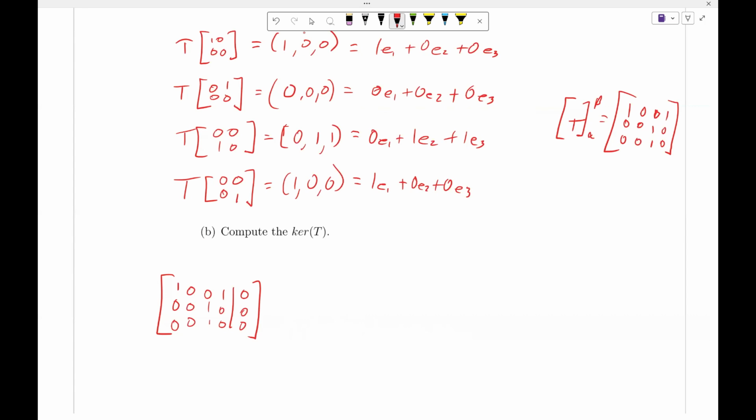If we express them as coordinate vectors, they are the coordinates of the vectors that are in the kernel of T. So the first thing we need to do is R3 minus R2, replacing R3, to convert it to echelon form.